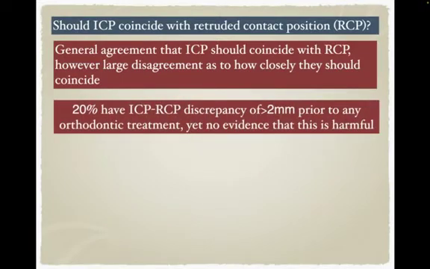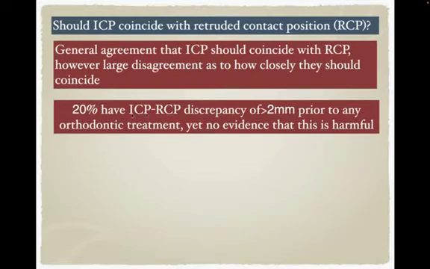Because when they examined patients in a sample with a displacement or discrepancy between the ICP and RCP of more than 2 millimeters prior to orthodontic treatment, they found 20% of this sample having this problem with no evidence of any TMD problem or any harm.